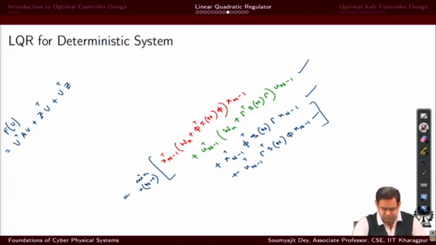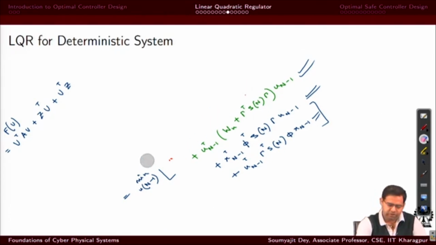If you see, u transpose A u, by that we mean this term, and then you have z transpose u, that is the second one, and u transpose z is this last term. So, that would really mean something like this. Let me show. So, this is done.